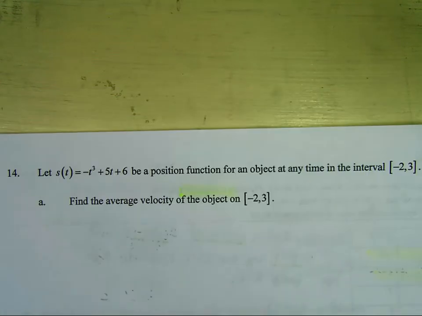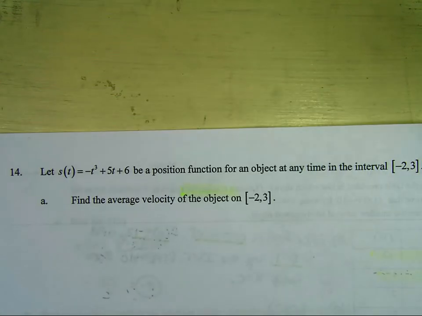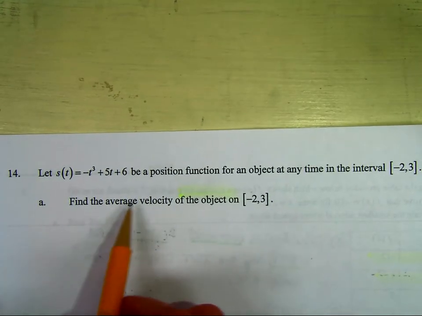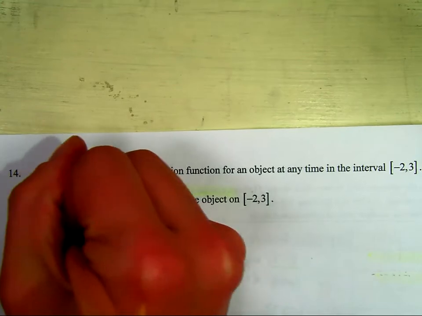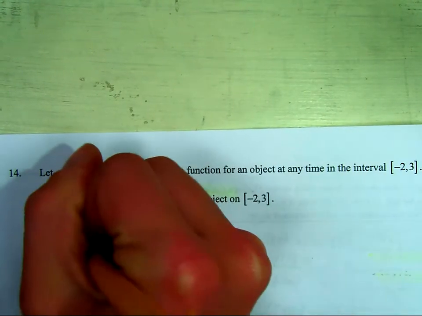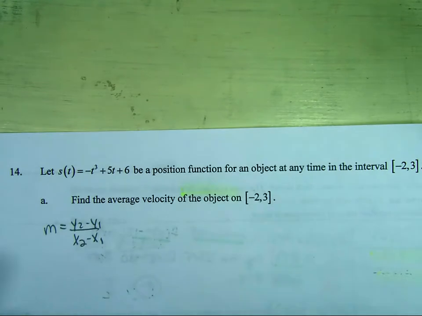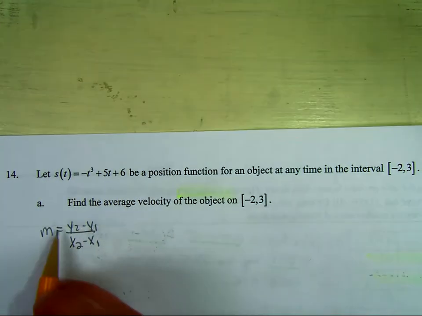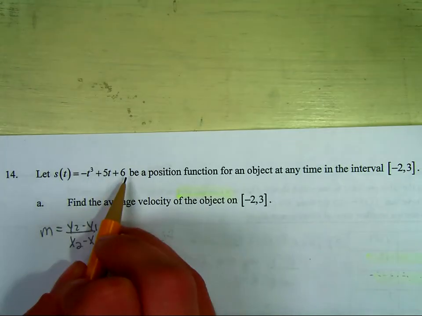Here, they give you a function s of t. They say it's a position function for an object at any time on the interval -2 to 3. They say find the average velocity. We said average velocity is really just slope. So your slope formula is y2 minus y1 over x2 minus x1. To find the y values, we have to plug the x values in.